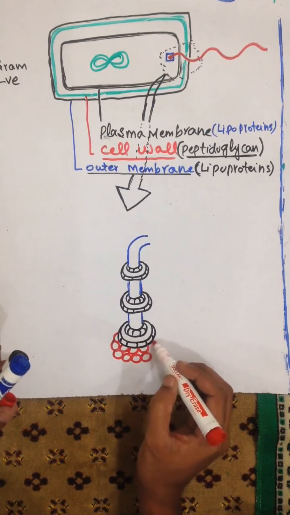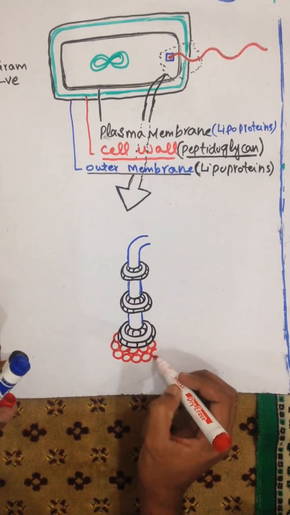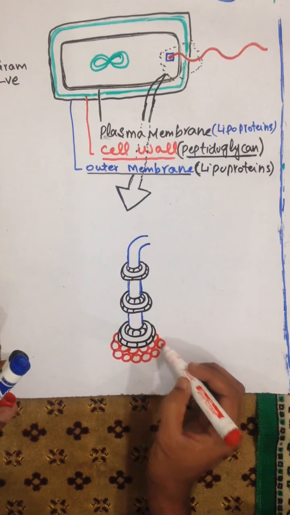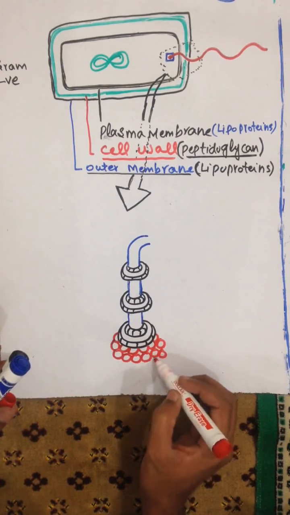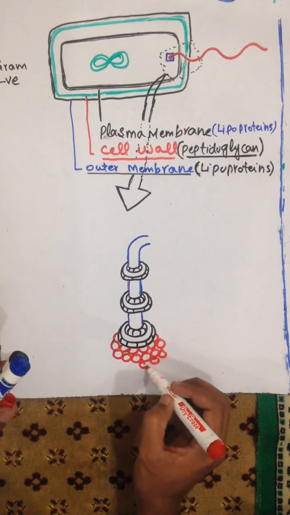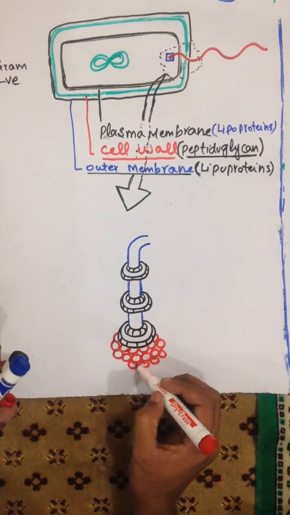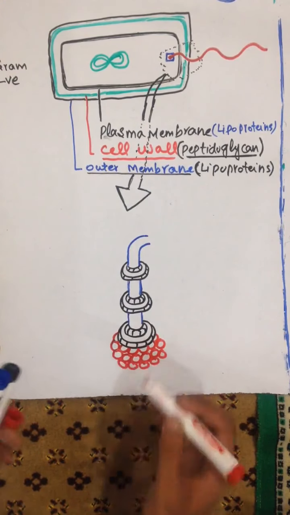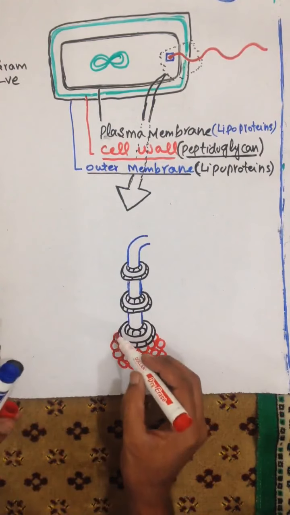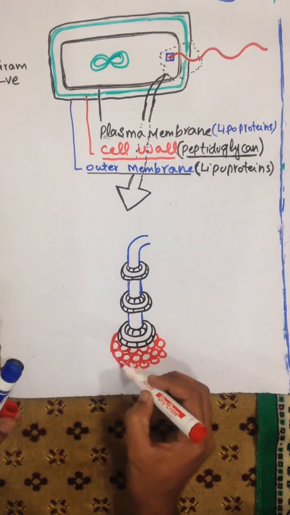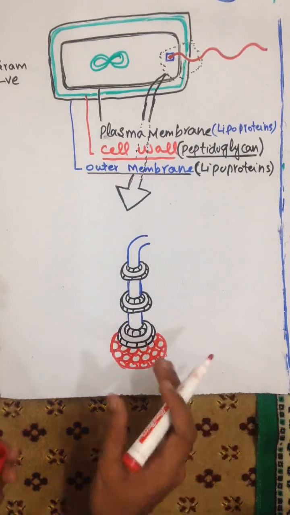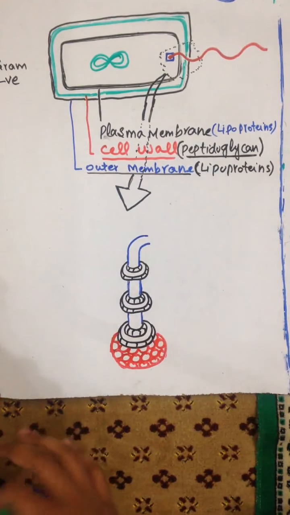So there will be an abundance of said proteins in this area, and this is called the C ring, the innermost ring. This is called the C ring. It's a cluster of multiple proteins.